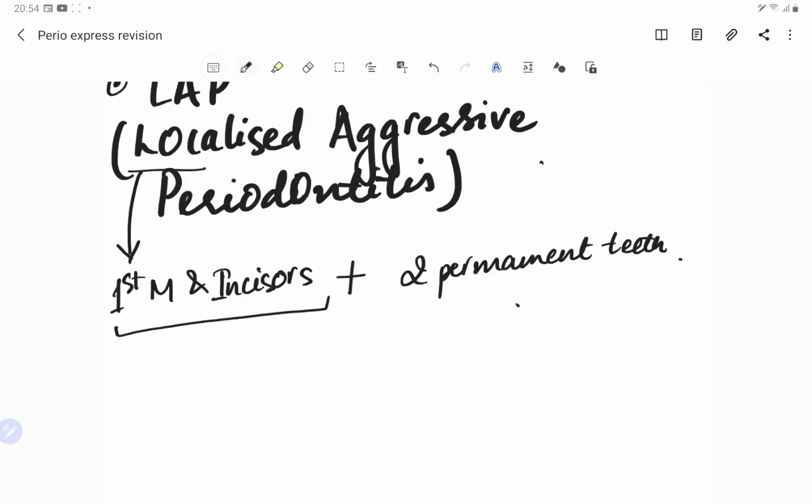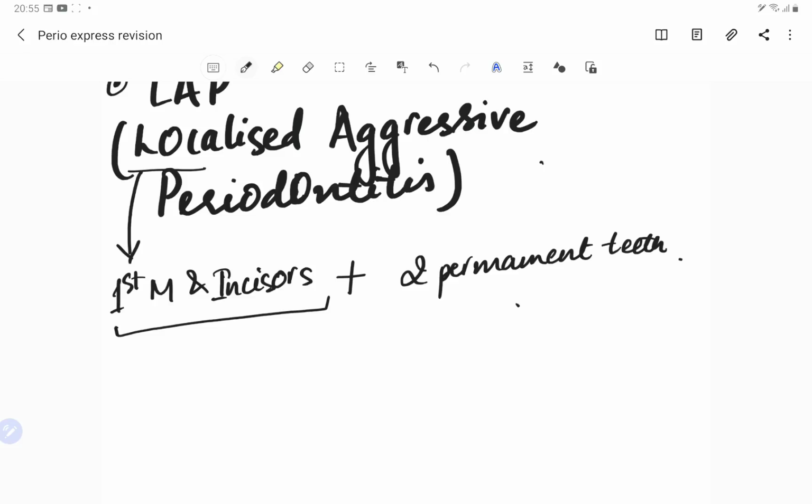Now why is there involvement of a specific number of teeth, why not the whole dentition? Why only the first molars and incisors? Because after colonizing the first molars and incisors, A. actinomycetemcomitans, which is the major bacterium for aggressive periodontitis, has to fight the strong immunity of the host. It has to fight our body, and the bacteria antagonistic to A. actinomycetemcomitans colonize the oral cavity and check its growth.